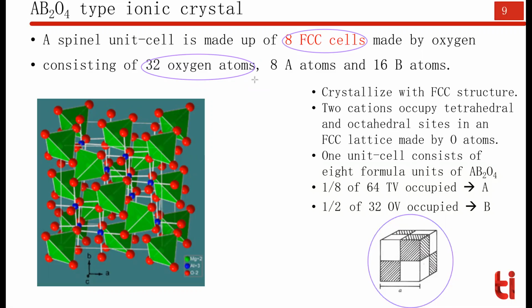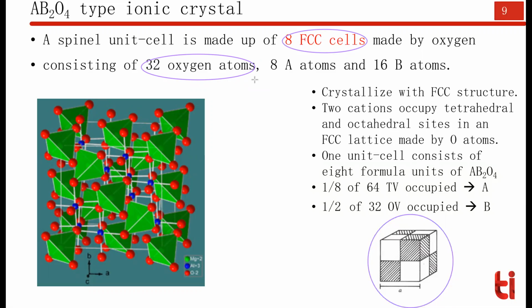Now, the next question is, where are then the A atom and the B atom? I told you the ratio of A side to the B side to the oxygen side is 1 is to 2 is to 4.